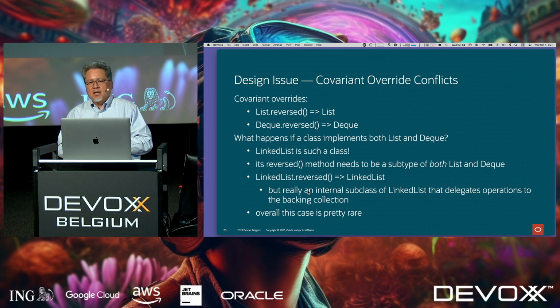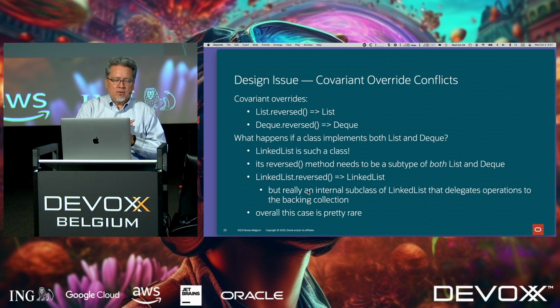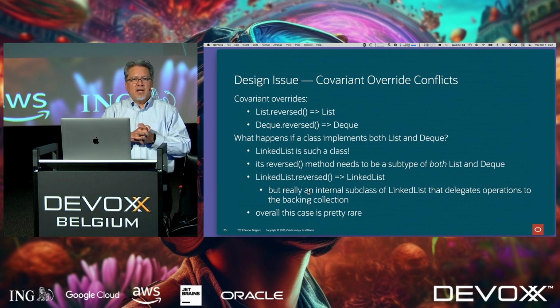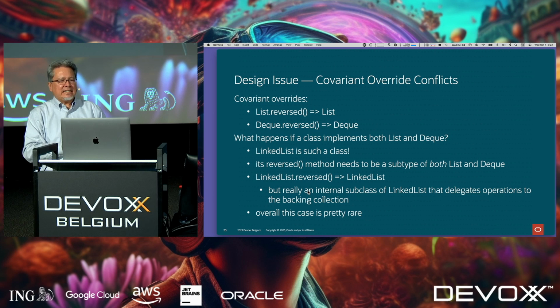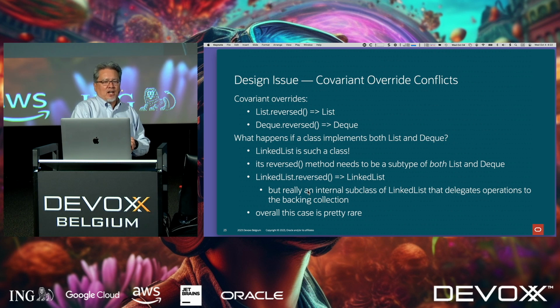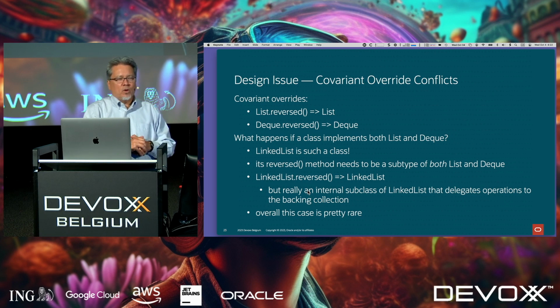So, for instance, we have List.reversed returns a List, and Deque.reversed returns a Deque. Well, what happens if you have something that implements more than one of these interfaces? In fact, there is such a class, our good old friend LinkedList. So what do we do about that?